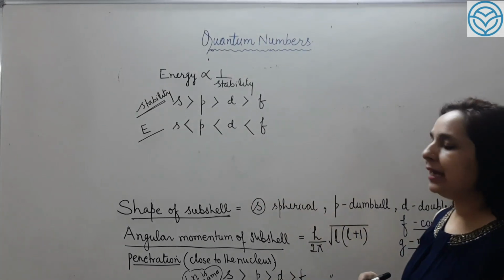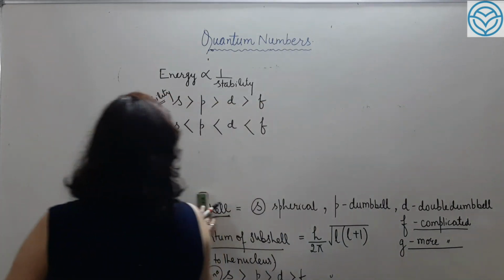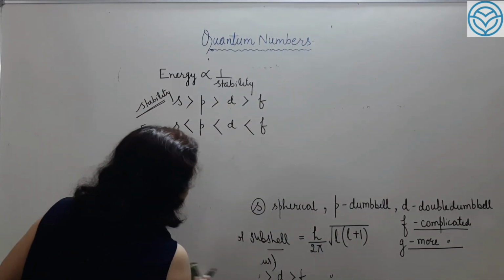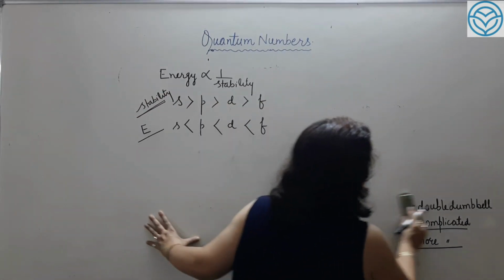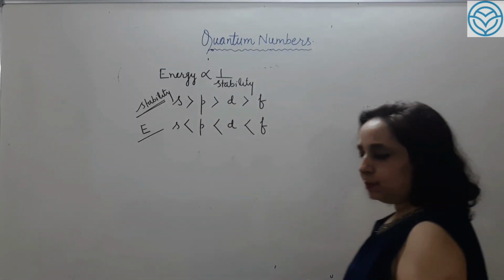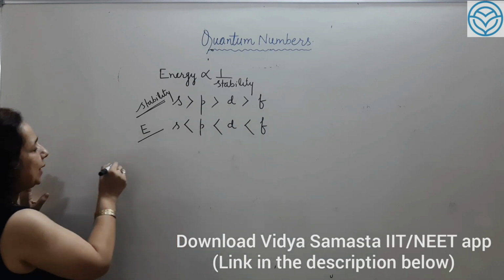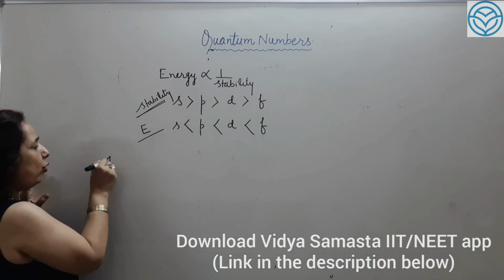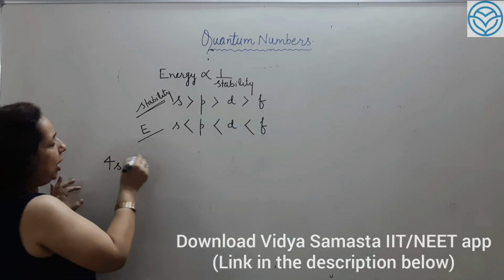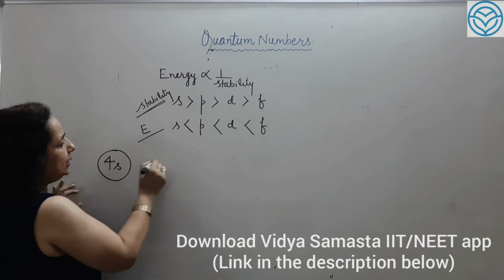This is how we understand the angular quantum number, a very important quantum number represented by L, with value 0 to n minus 1. S, P, D, F, all these are derived from this quantum number. Let us suppose I write 4s. How much information can I derive from it?